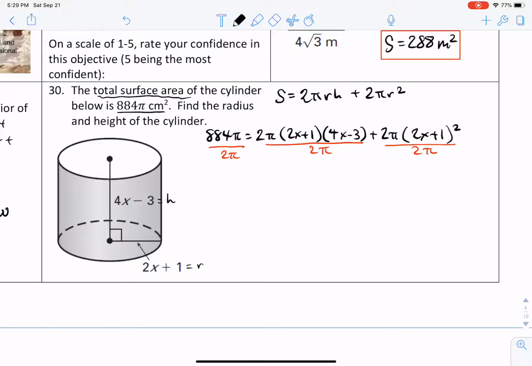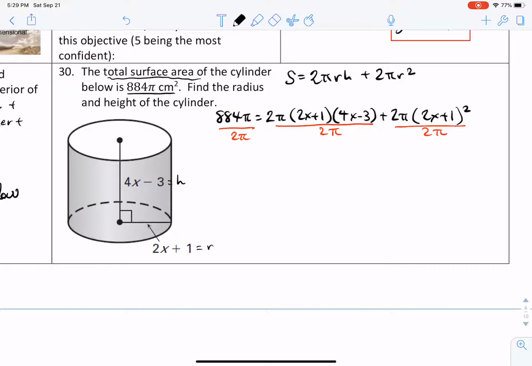So 884 divided by 2 is going to give us 442. Pi's are gone. All of these 2 pi's are going to disappear, leaving us with 2x plus 1 times 4x minus 3, and then we have our 2x plus 1 squared.